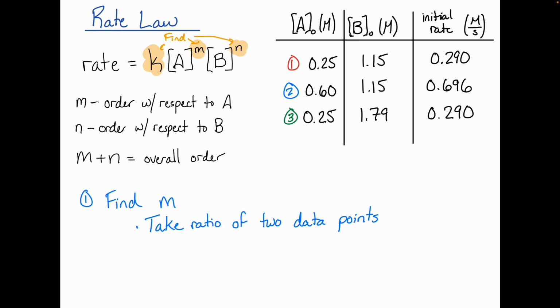I'll show you why that is in a second when we start doing our math. But since we want to find the order with respect to A, we need two data points where the concentration of A is changing, but the concentration of B remains constant. So now we have to be strategic. We're going to pick two data points where A changes and B is constant.